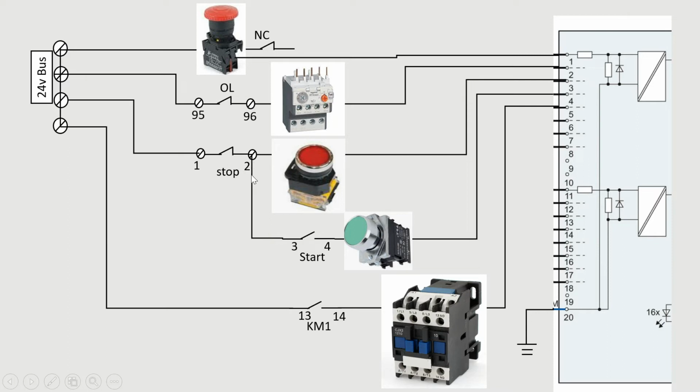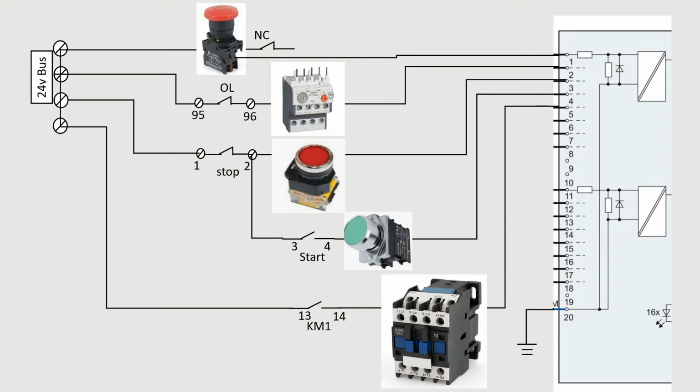It is better to take it from here, because if the stop signal is not there, the start switch will not give an input here. Otherwise you push the start switch but it does not run.